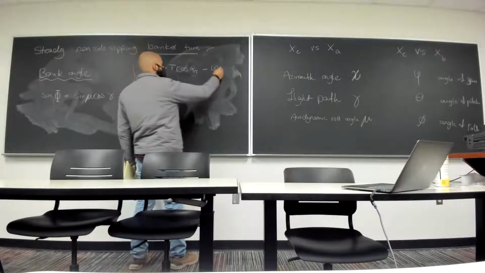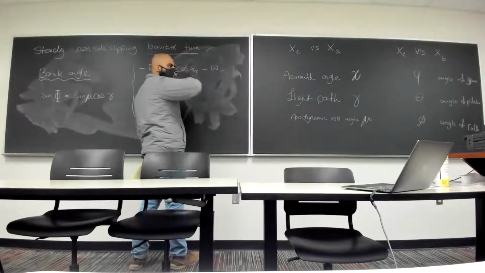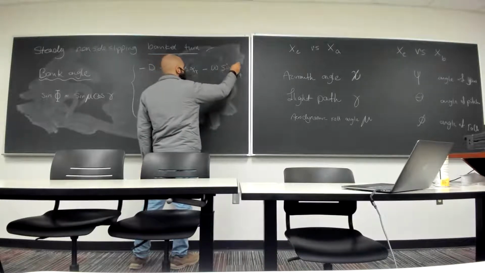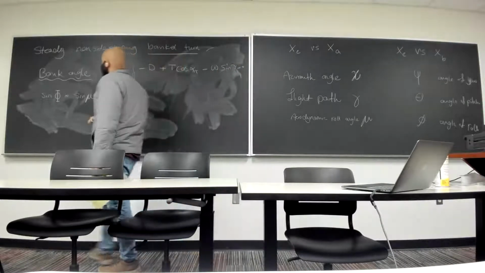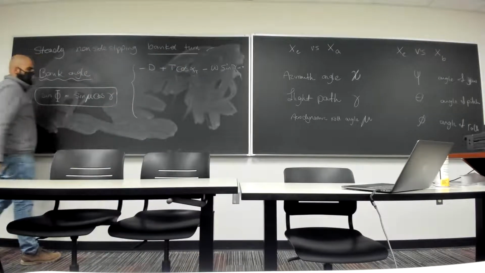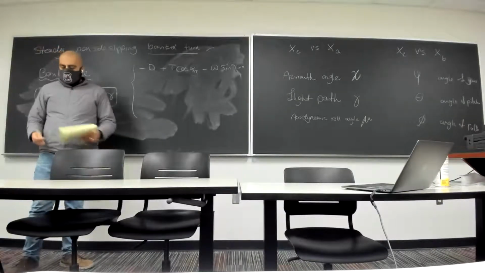Negative W what? Sine of gamma. This, you don't need to use the bank angle, guys. This is just an introduction, right? Okay, so this is one equation of motion in one direction. Okay, let's go to the next one.